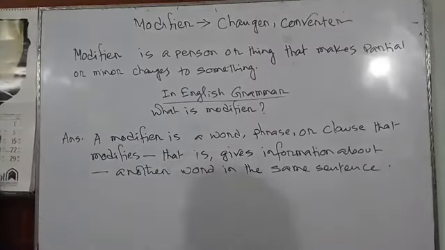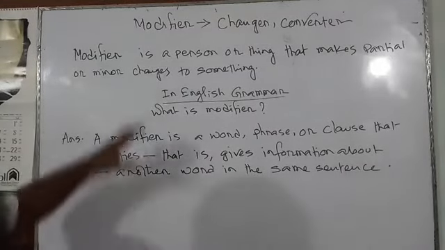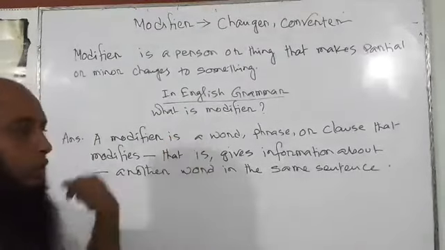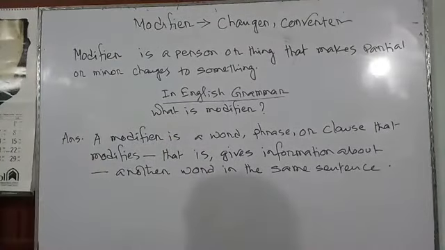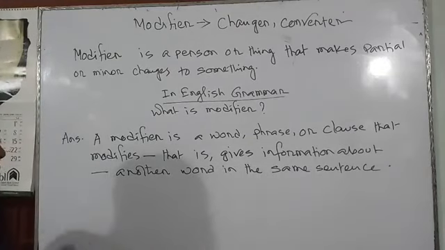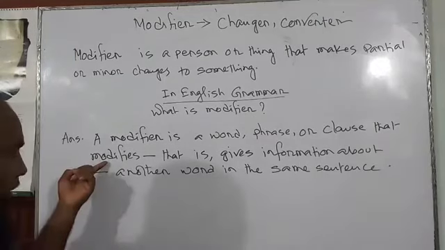Now, my dear, you see, it is modifier. But what is modifier in English grammar? In English grammar, what we know as modifier, it is the definition. A modifier is a word, phrase or clause that modifies. What is the meaning of modifies?